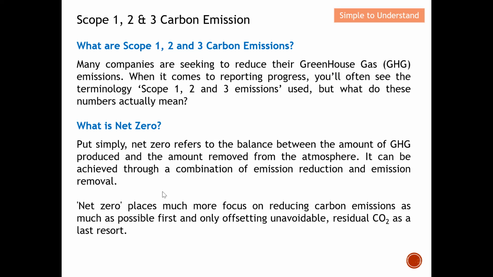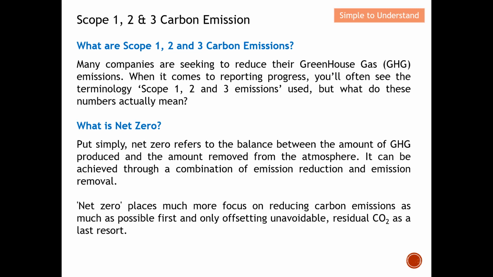Net zero places much more focus on reducing carbon emission as much as possible first. This means that when you decide to do an activity, we focus on how we can best minimize carbon emission. So basically, this is the meaning of net zero.